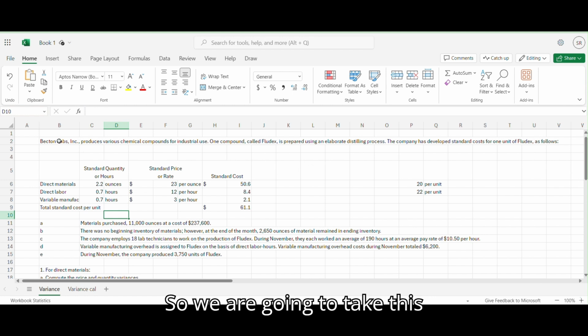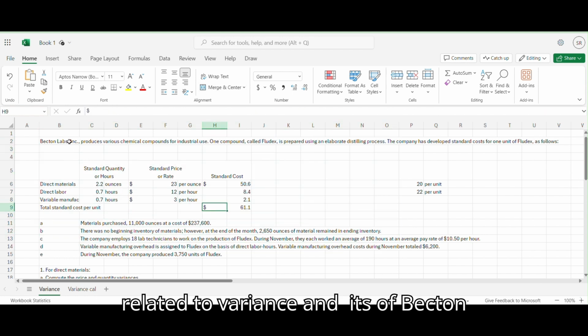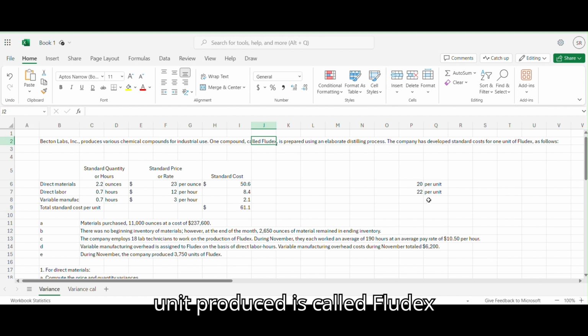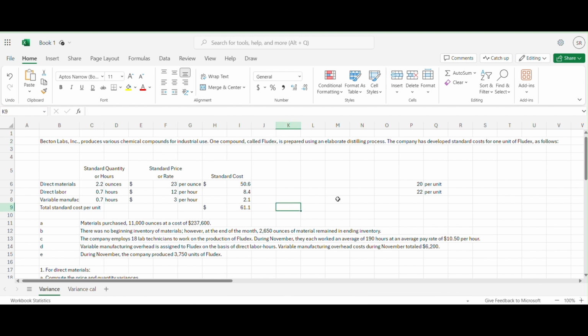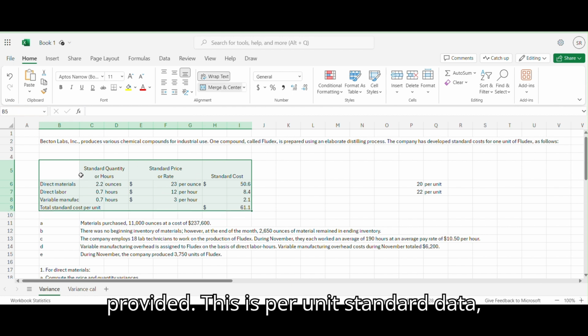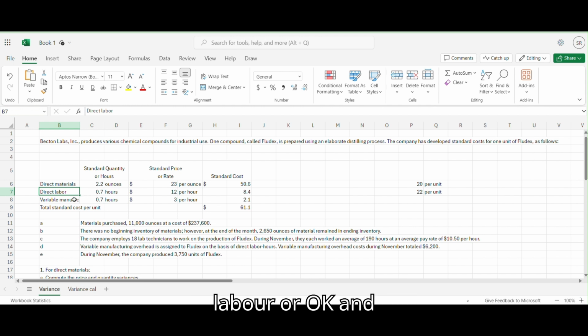So we're gonna take this simple question. This is a very common one related to variance. It's of Becton Labs Incorporated, where the unit produced is called Fludex, and the standard data has been provided. This is per unit standard data, per unit direct material, per unit direct labor hours.